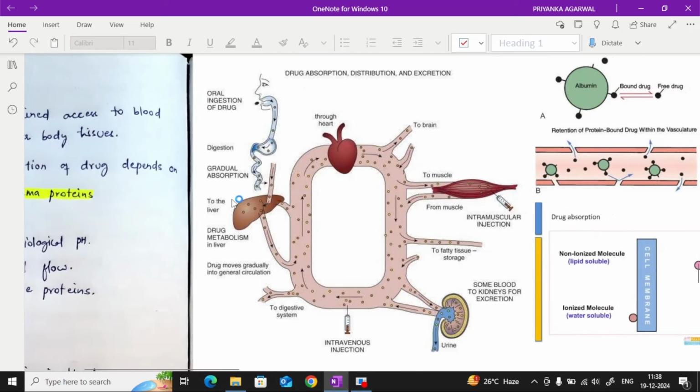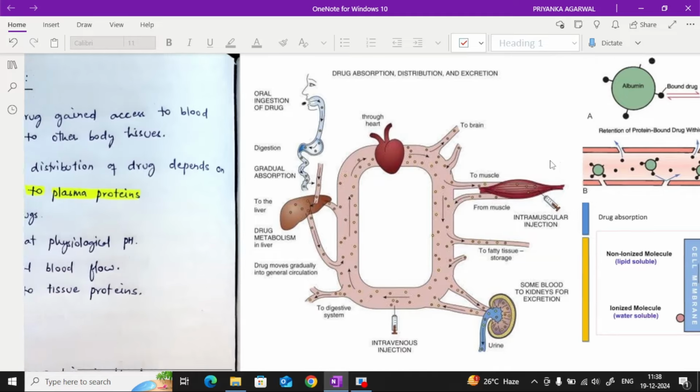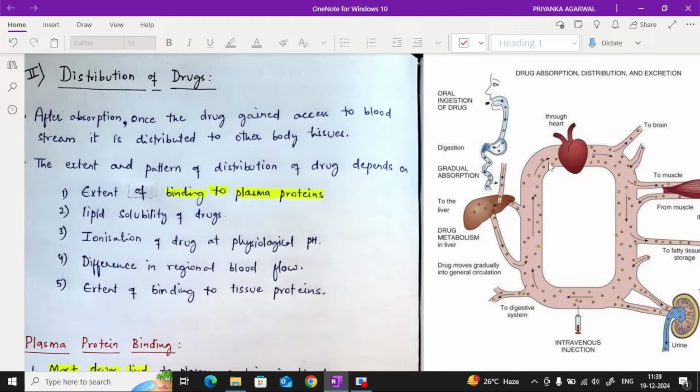Now for the drug to get distributed, it should cross the membranes, right? So this permeability to the membranes depends on the lipid solubility of the drug. This lipid solubility again depends on the ionization of drug at the physiological pH. We have already covered lipid solubility and ionization in detail in a previous video.